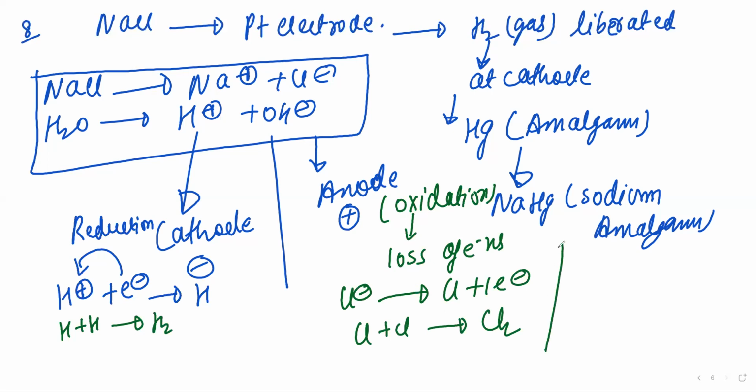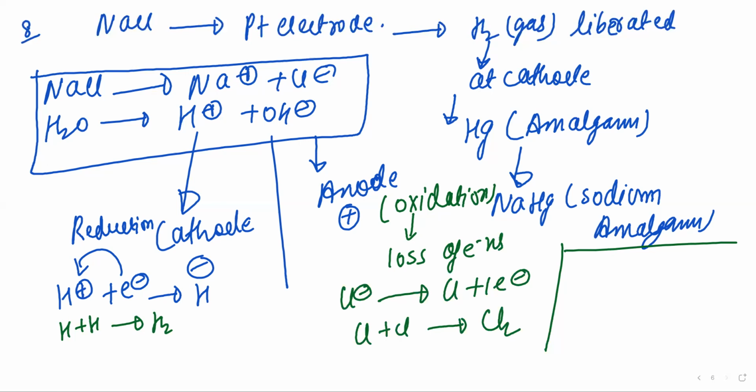Right. If mercury is used at cathode, H plus ions are not discharged at mercury cathode because mercury has a high hydrogen overvoltage. Thus, Na plus ions are discharged at cathode in the presence of H plus ions, yielding sodium, which dissolves in mercury to form sodium amalgam. So this part, if you want to write, then write up to this point only.